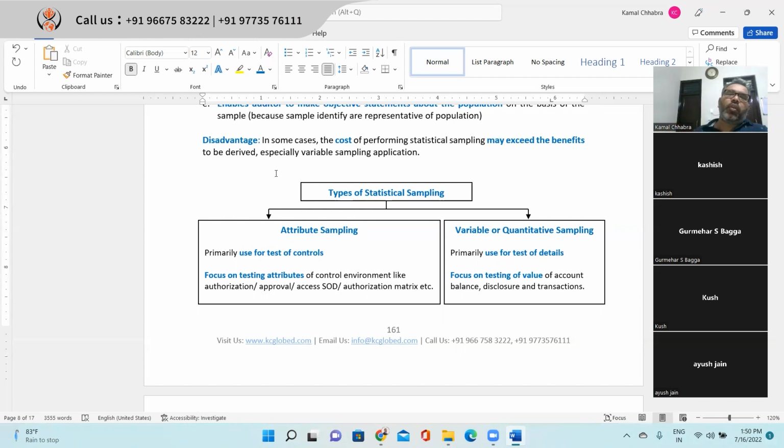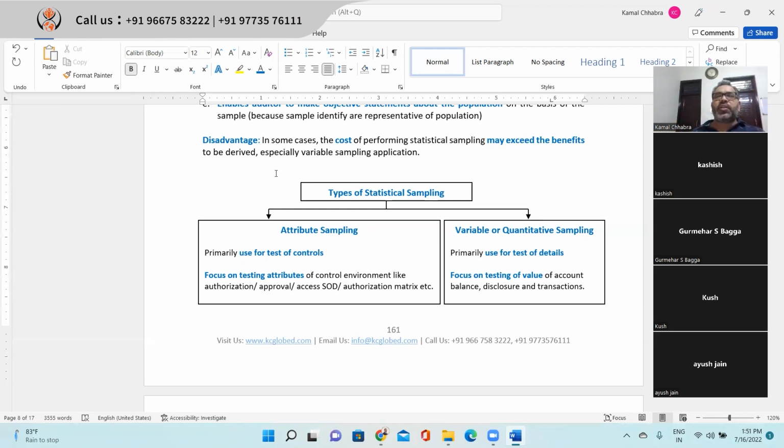For test of control, the objective is testing the attributes: the controls, authorization, approval, segregation of duty, authorization matrix, and all those things. Whereas the test of detail objective is to gain comfort over the number reflected in the financial statement line item. So both of them have different perspectives and different objectives, right?